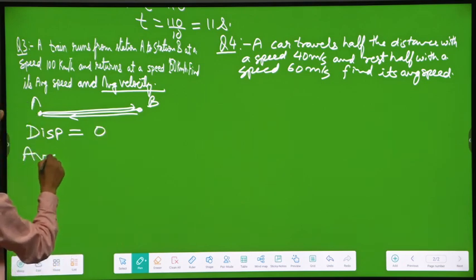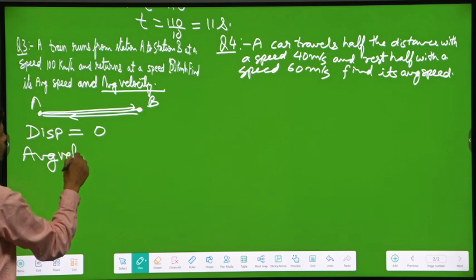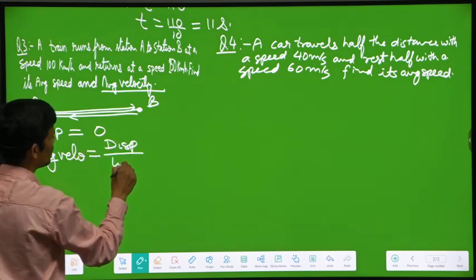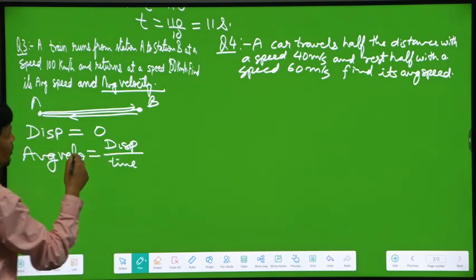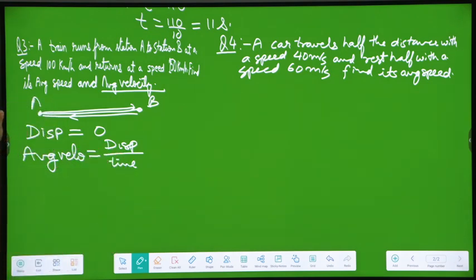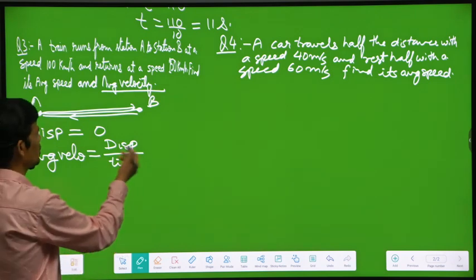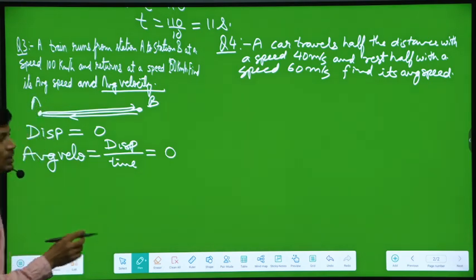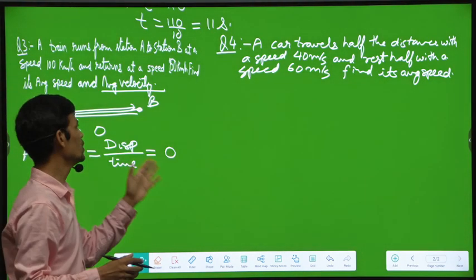So average velocity will be net displacement divided by time. They haven't given us time, but we know when displacement is 0, then everything will be 0. Average velocity is 0 in this case.